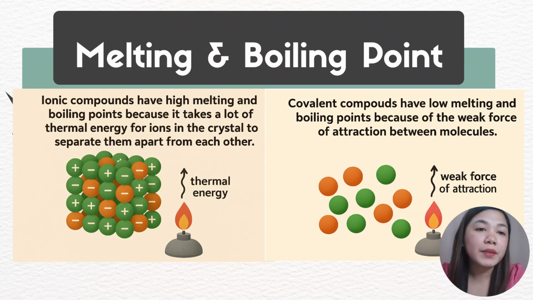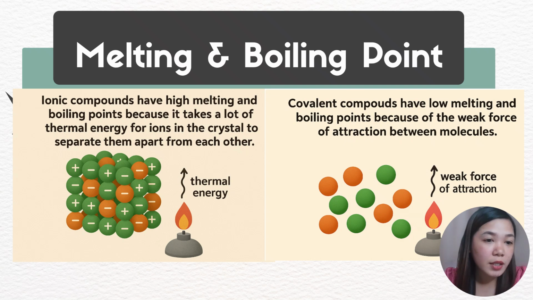To start with, the melting and boiling points. Most ionic compounds have high melting and boiling points because it takes a lot of thermal energy for the ions in the crystal to separate from each other. As you can see in our illustration, the positive and negative charges are very tight with each other. That's why they have high melting and boiling points, because it's very hard for them to separate.